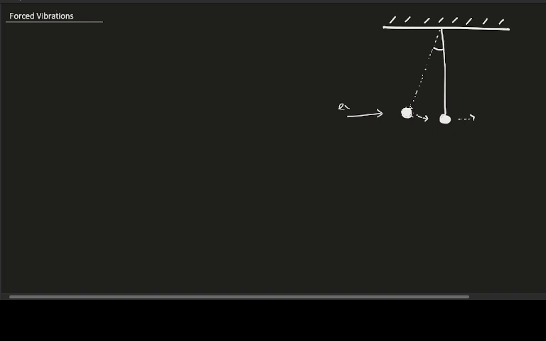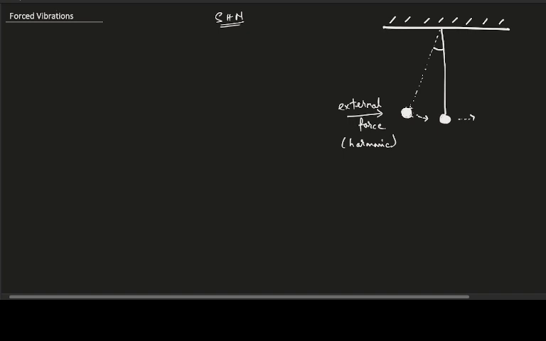So we are putting in an external force. Things get interesting here, as you are putting in an external force, and this force is harmonic. So we are still in the domain of SHM, simple harmonic motion.